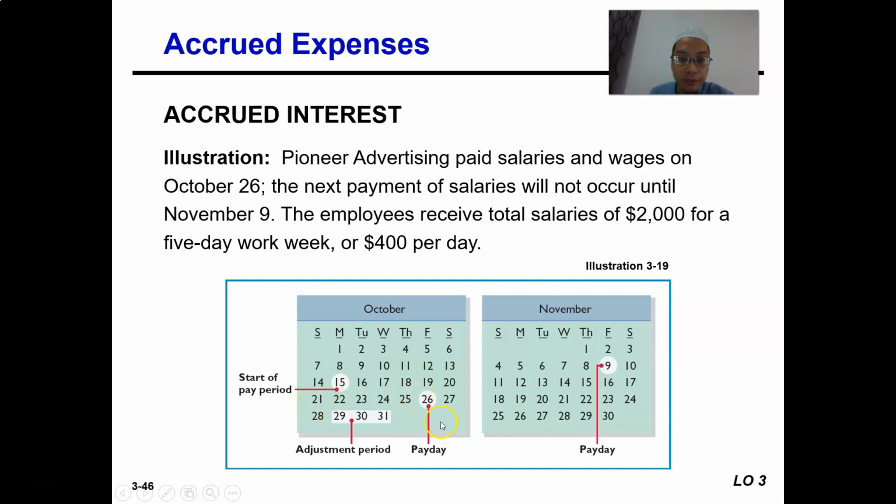So the work done between 15 and 26, at the end of these 2 weeks of work, Pioneer pays salary on 26.